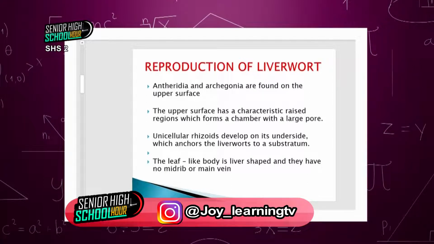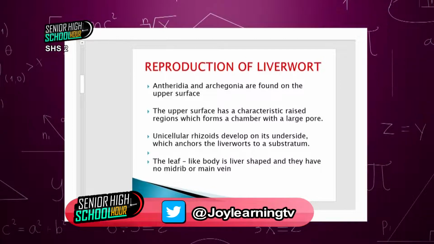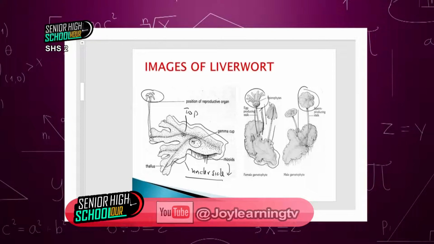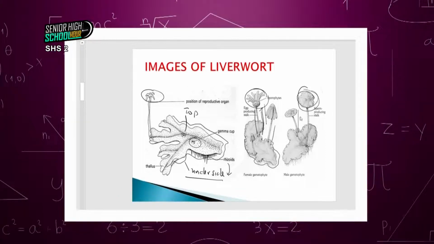On the upper side is where we generate the antheridium and archegonium. Again, if I mention it, I'll go back to the picture. These male and female structures growing there are the antheridium and archegonium.